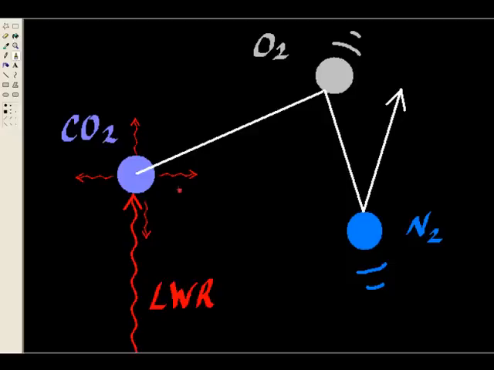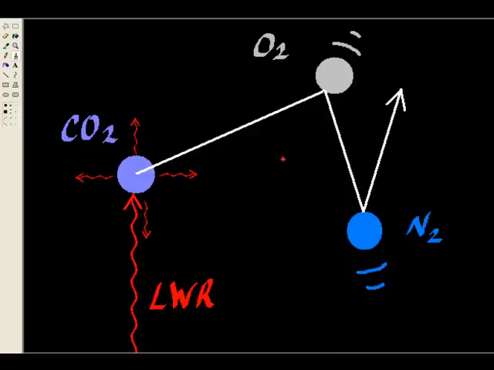But this radiation is still emitted at a frequency of 700 centimeters, and because of that, it cannot make the oxygen molecules or the nitrogen molecules in the air vibrate, because oxygen and nitrogen do not vibrate at this frequency.